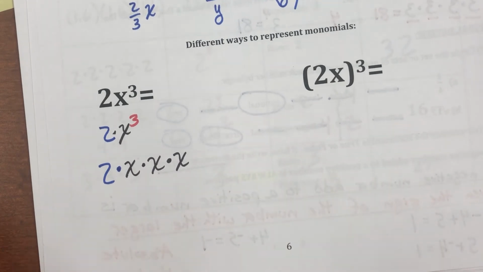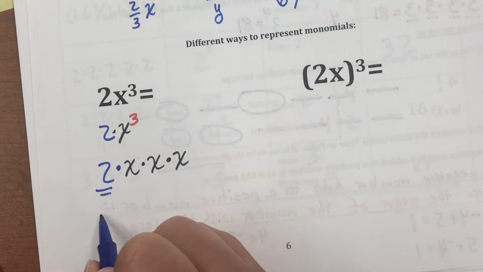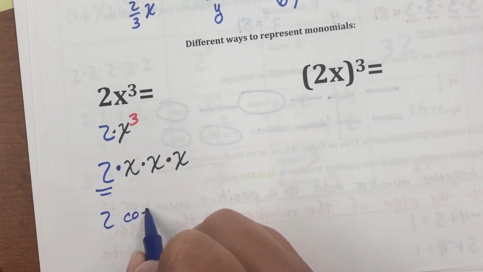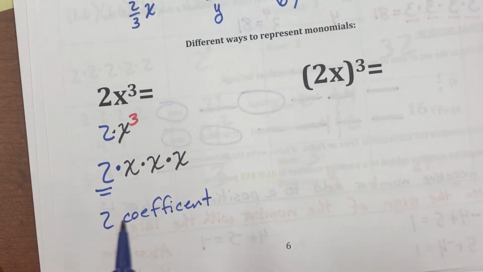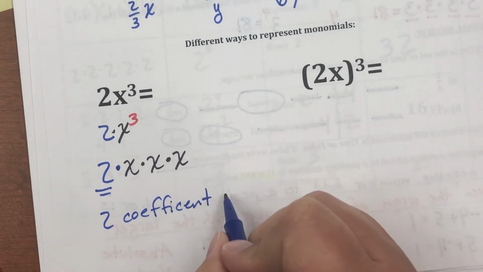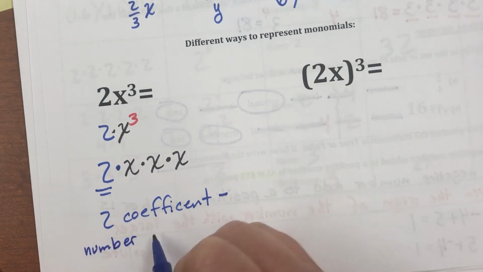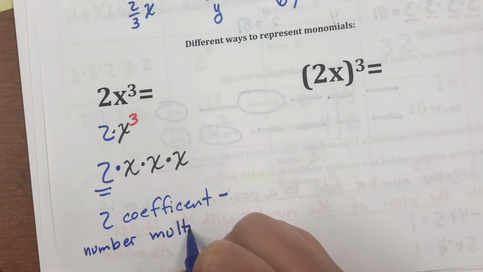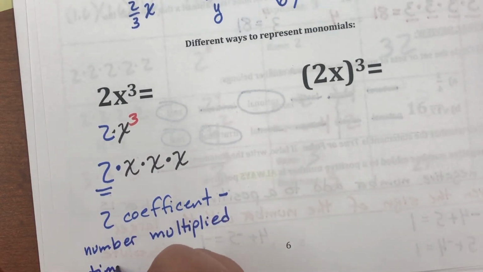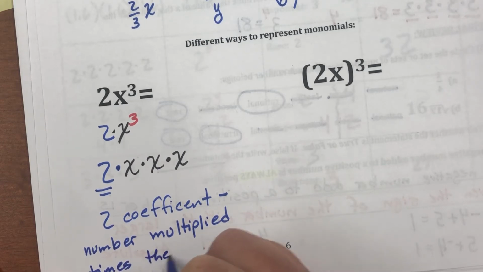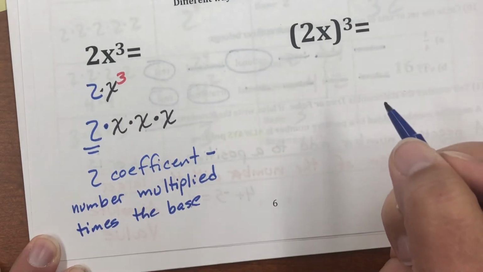Now, this blue number 2 right here, that's called the coefficient. And that's the number you multiply times the base. Coefficient, number multiplied times the base. It's not the base, but it's multiplied times the base.